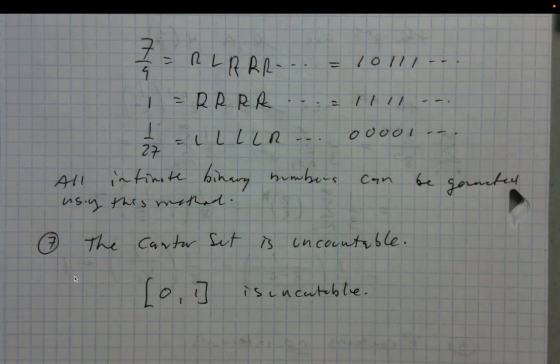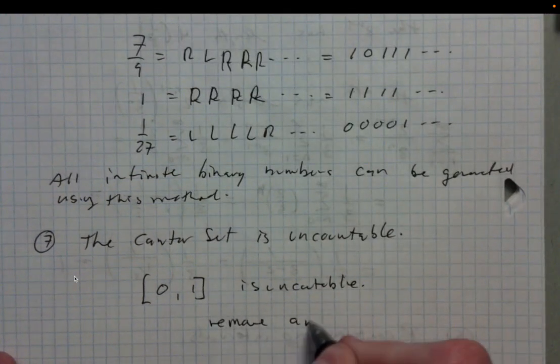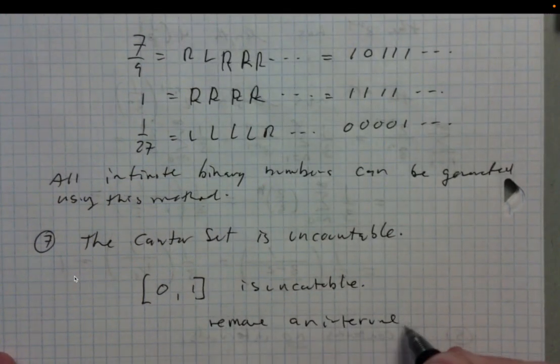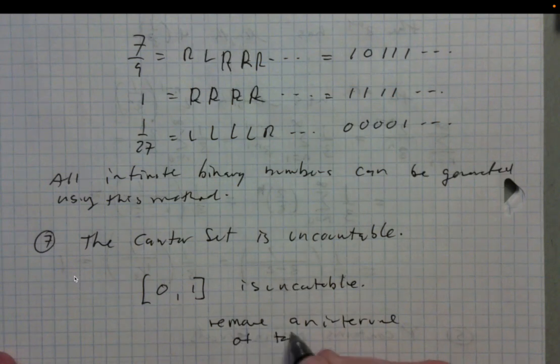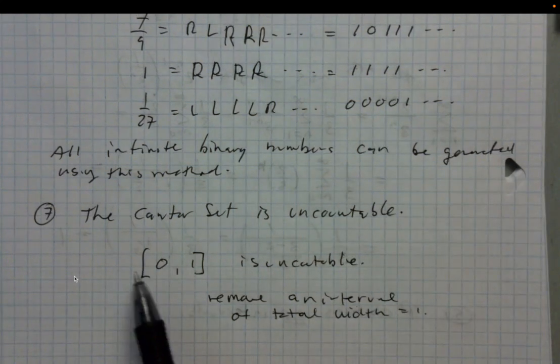We've proven that. And I'm going to remove the middle thirds an infinite number of times, right? And I'm going to remove intervals of total width equal to 1. So we saw that was what, property 5 or property 4 maybe.